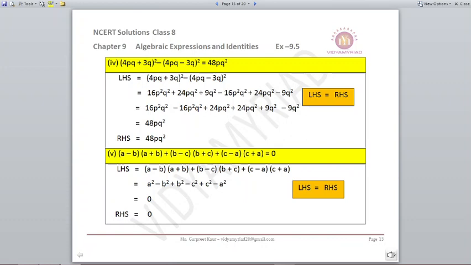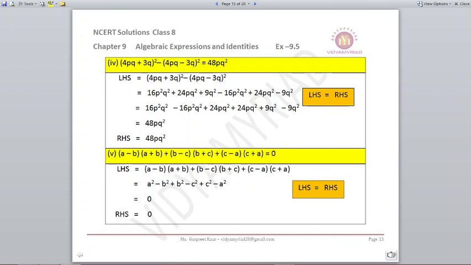So it becomes 16p square q square plus 24pq square plus 9q square minus 16p square q square plus 24pq square minus 9q square. So while collecting the like terms, you are just left with 48pq square. All others get cancelled. Your right hand side also is made up of 48pq square. So your left hand side is equal to right hand side.